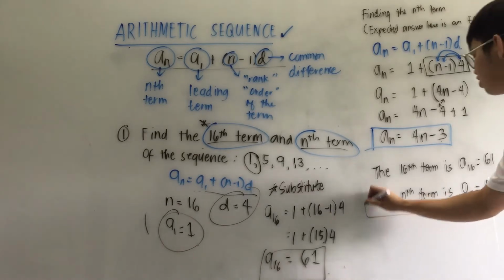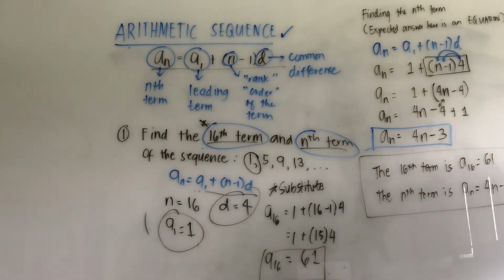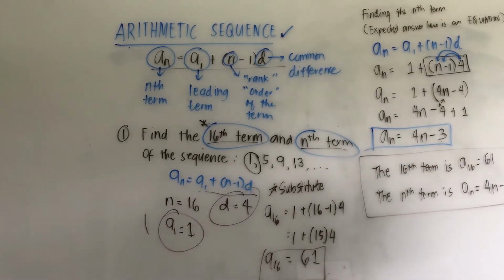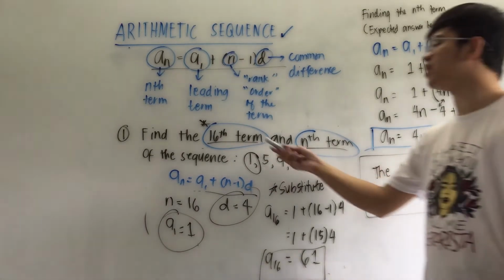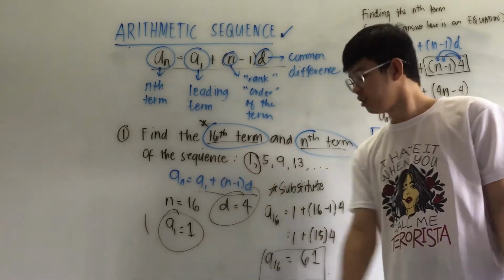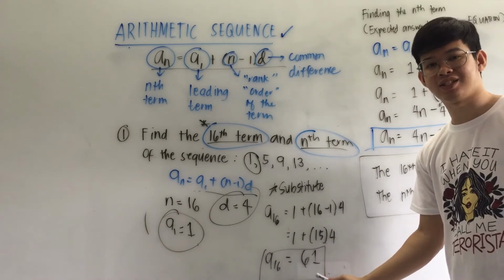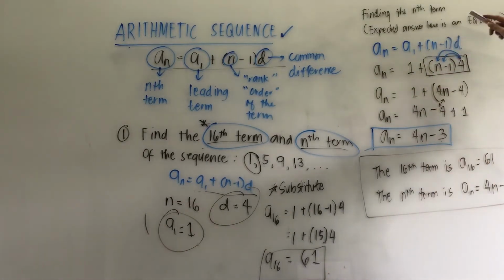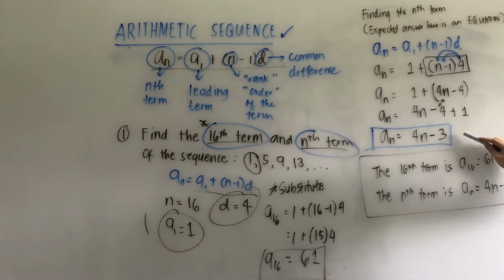So that's it. That is your final answer. Okay? So again, if you will be solving for a specific term, a numerical term, you will be expecting a numerical answer. But if you will be asked to solve for the nth term, you're expected to have an equation just like this one.